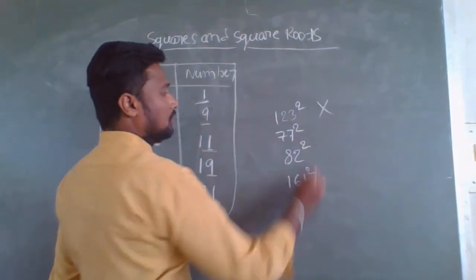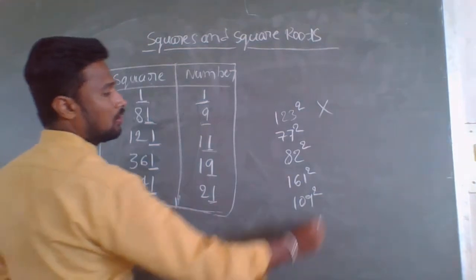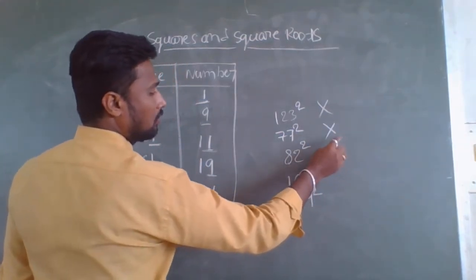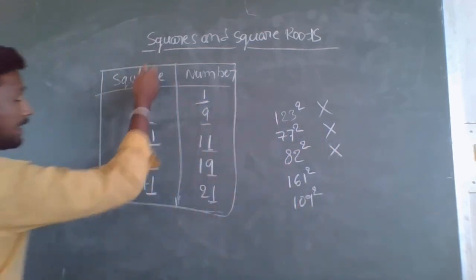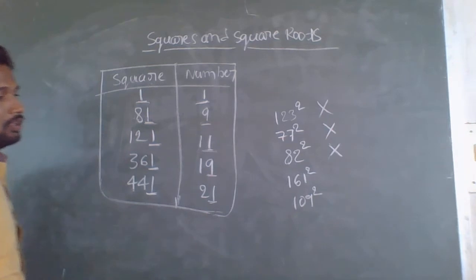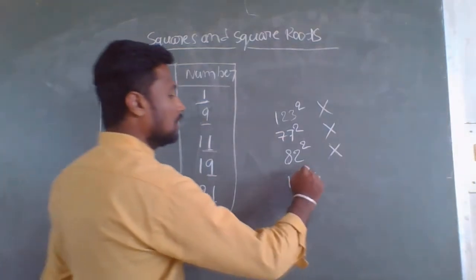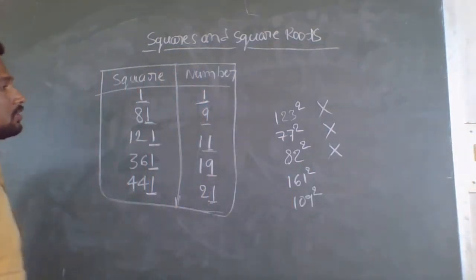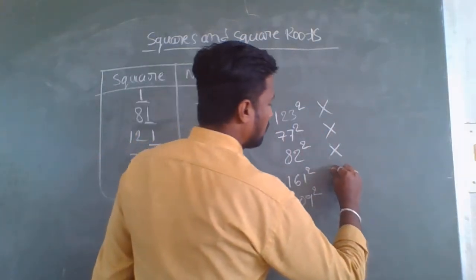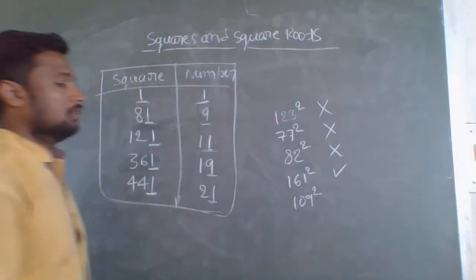Again here it is 7, it will not end with 1. 2, it will not end with 1. But here it is 161. 161 square means the square value ends with 1 only. You can check that.